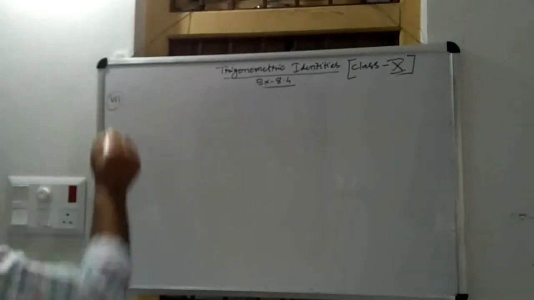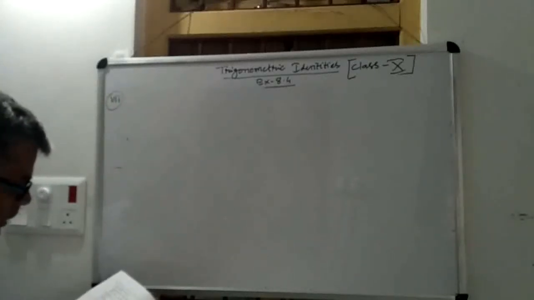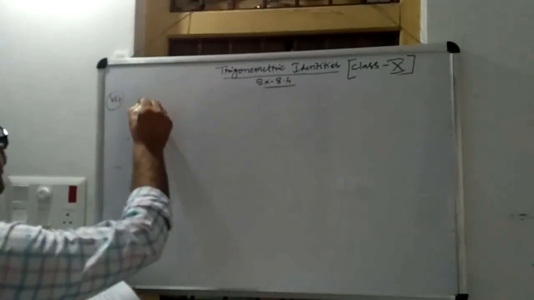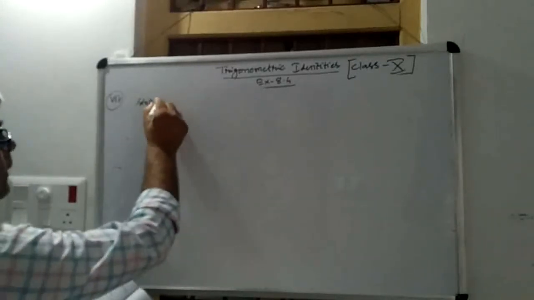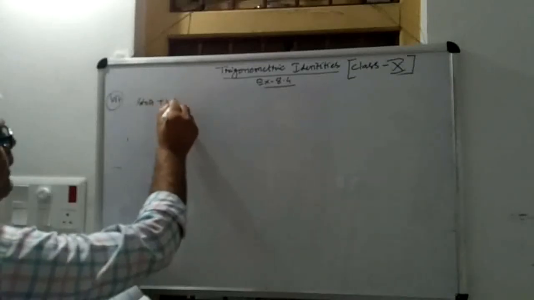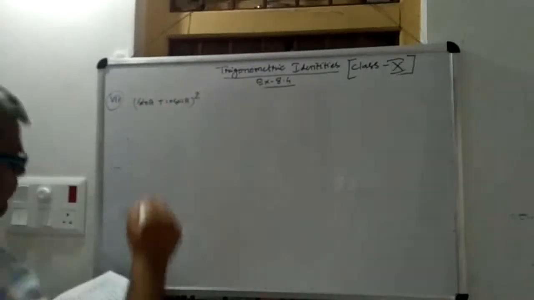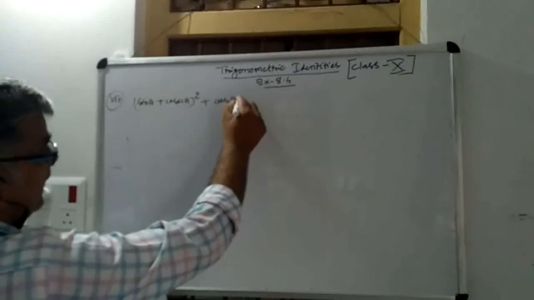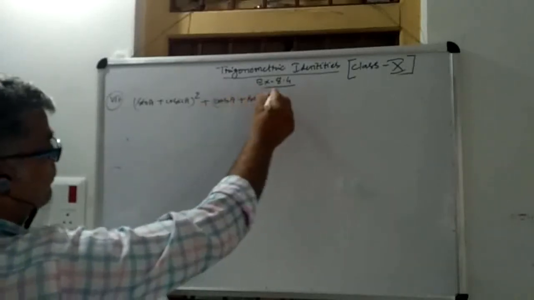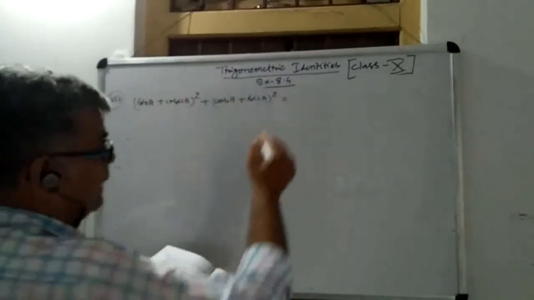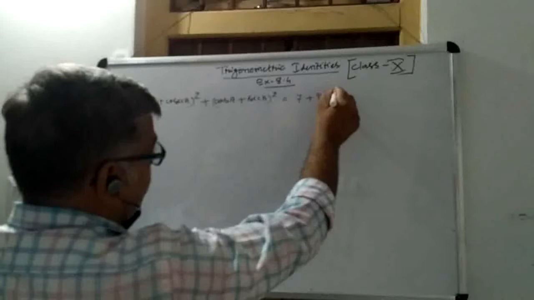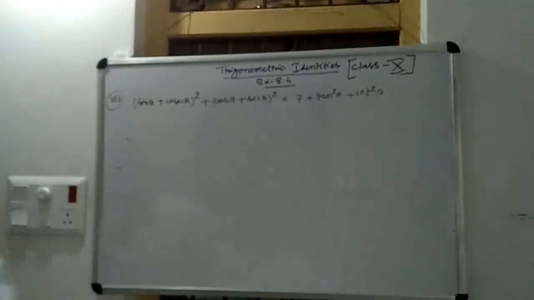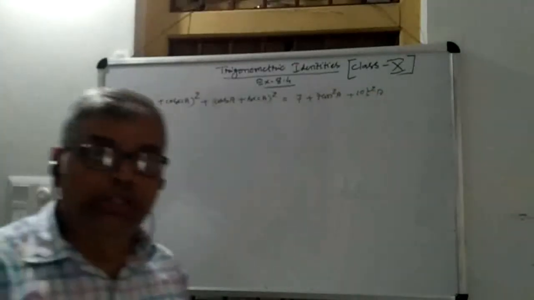Let's see the eighth identity. The identity is (sin A + cosec A) whole square plus (cos A + sec A) whole square equals 7 plus tan square A plus cot square A. This is your identity which you need to prove.